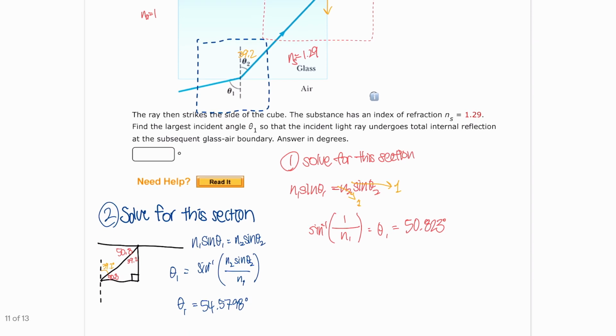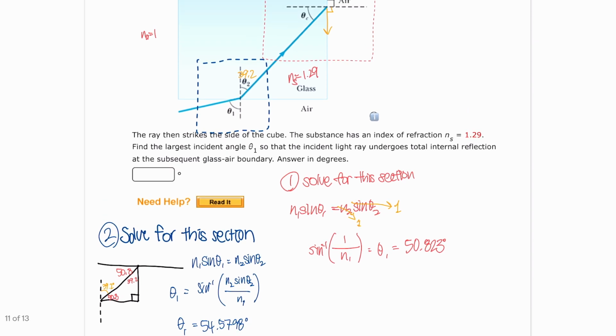Then we can actually use the triangle here. There's a triangle here, and there's a 90 degrees here. We know this angle, and this is also 90 degrees, so we can solve for this angle. And then using this angle, we can also solve for this angle.